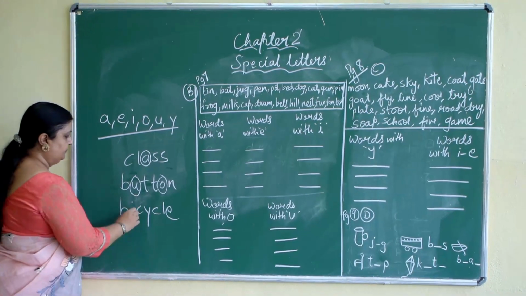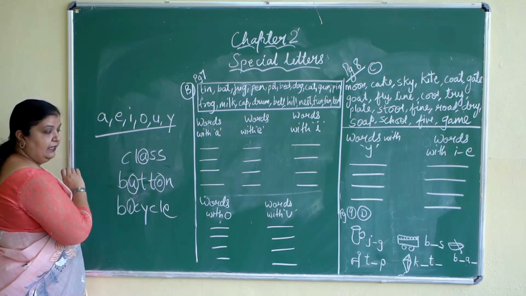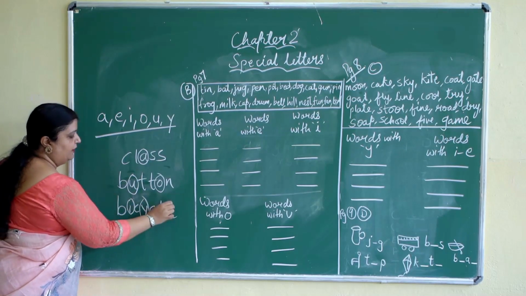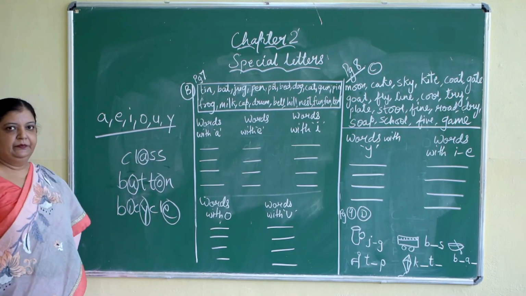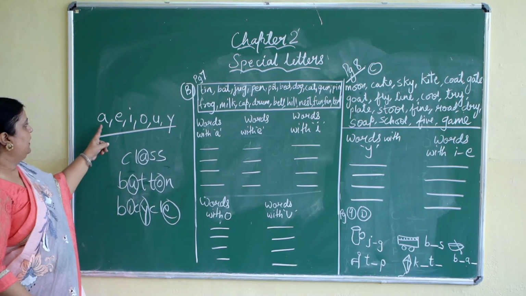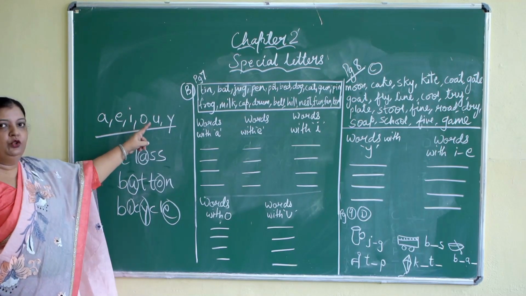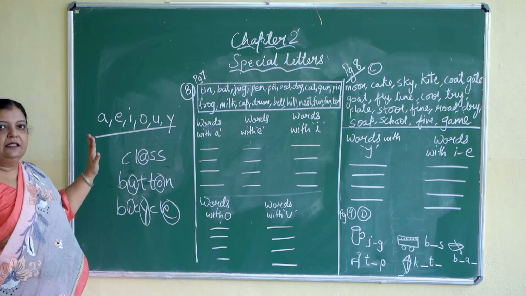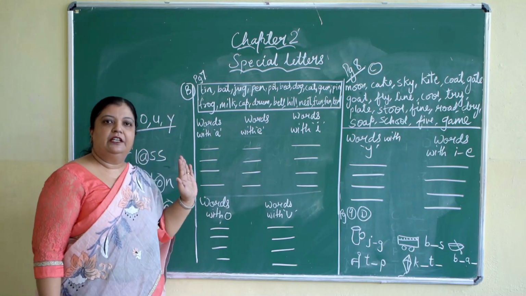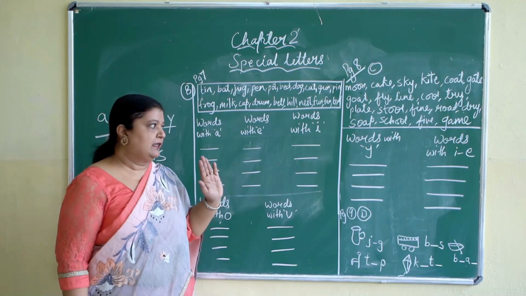Special letters I, Y and E. So special letters are A, E, I, O, U and Y. And these special letters are found in all the words.